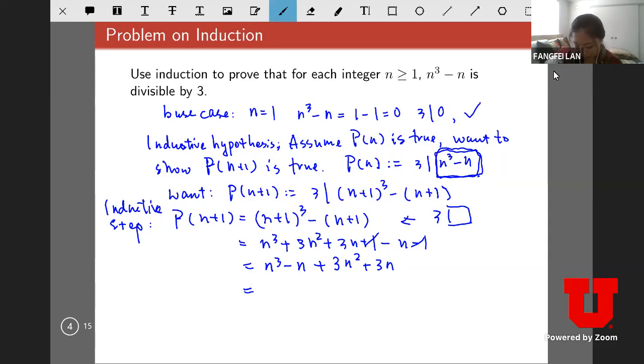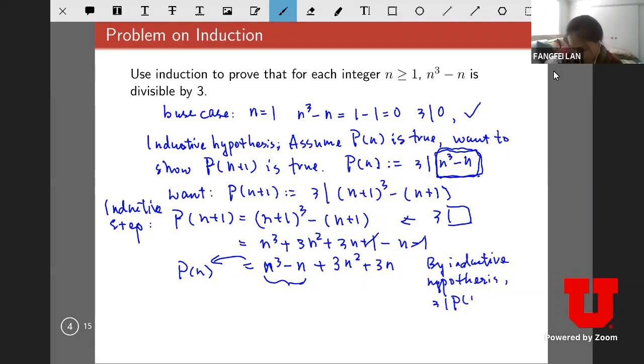Okay, and then right here, we see that this is the same thing as Pn. And by inductive hypothesis, 3 divides Pn.